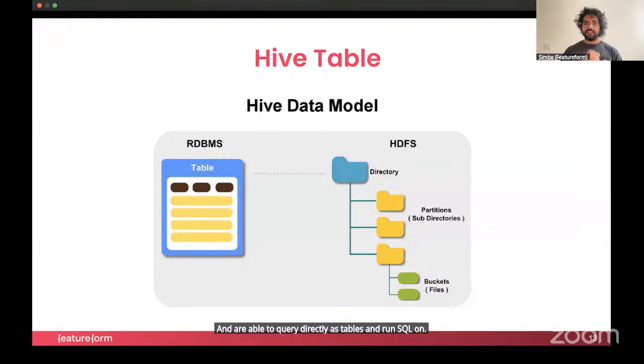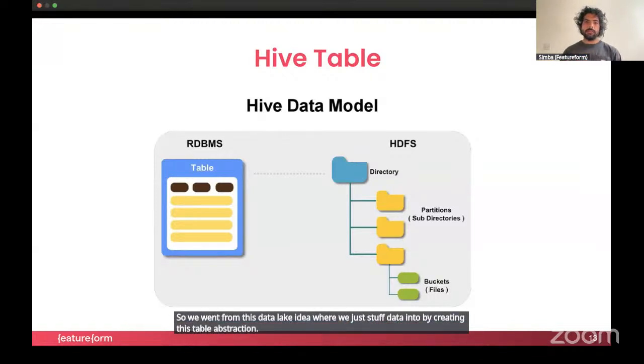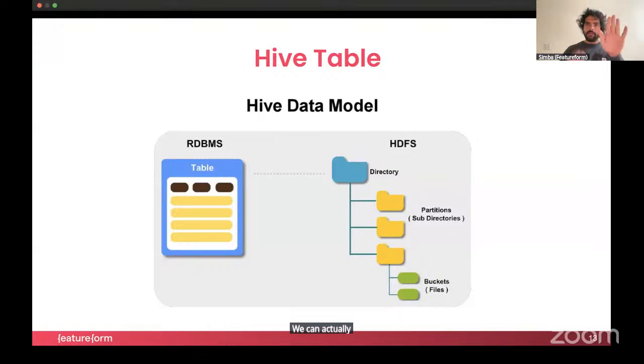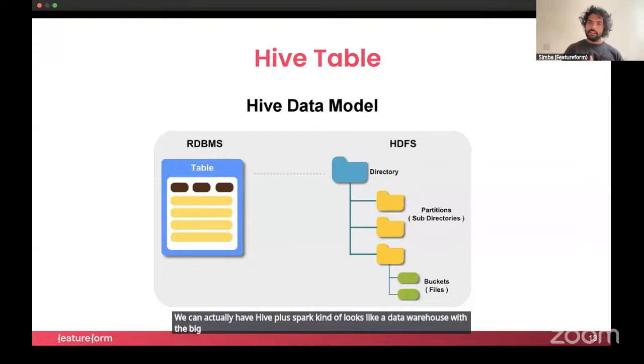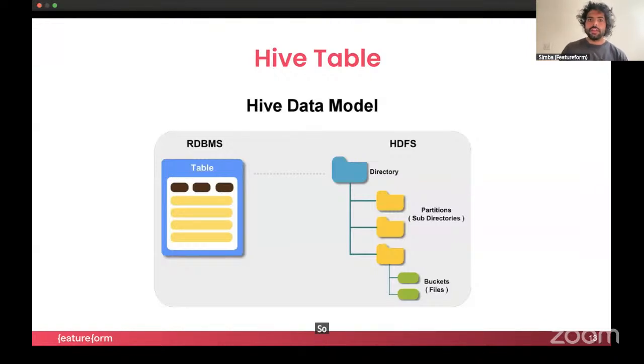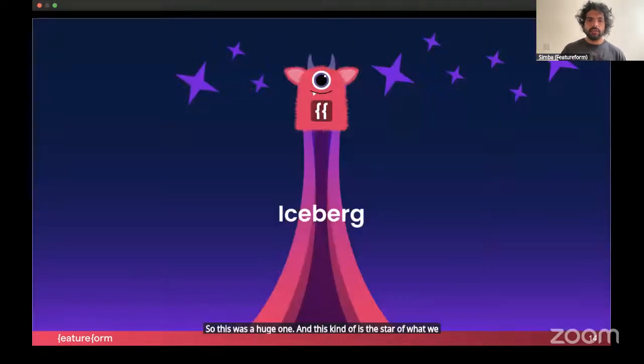So we went from this data lake idea where we just stuff data in, to creating this table abstraction, where Hive plus Spark looks like a data warehouse, with the big difference being that the data is all in S3. It looks like a data lake that is structured. So this was a huge one. And this is the start of what we now call the data lakehouse.